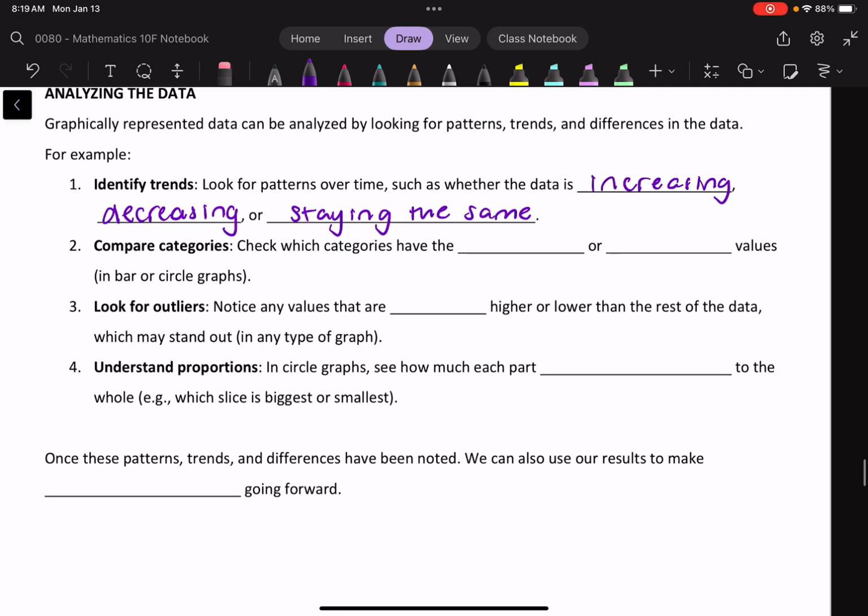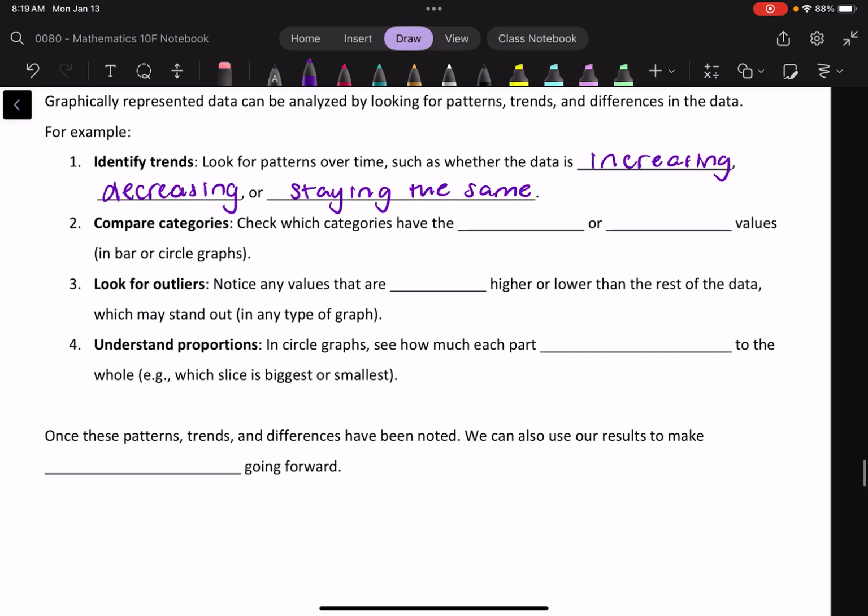Aside from identifying trends, we can also compare categories. So in a circle chart or a circle graph or a bar graph, or even a pictogram, I can look at the categories to see which has the highest or the lowest value.